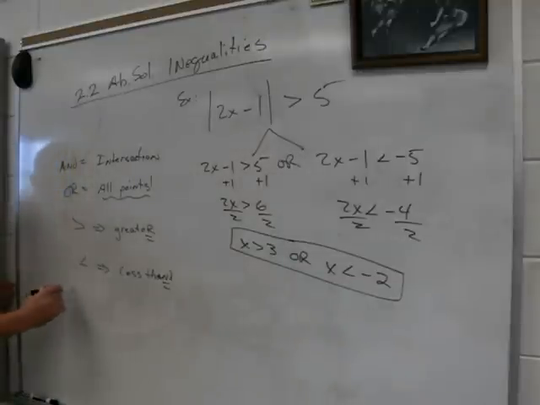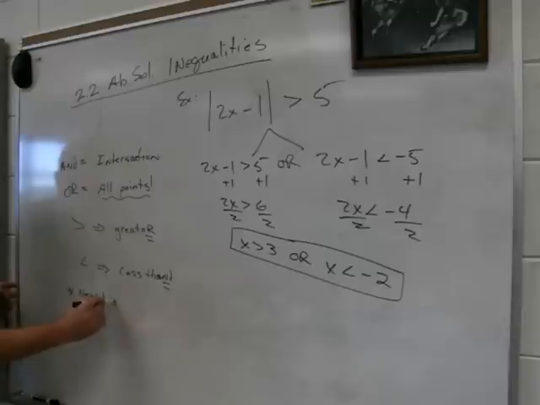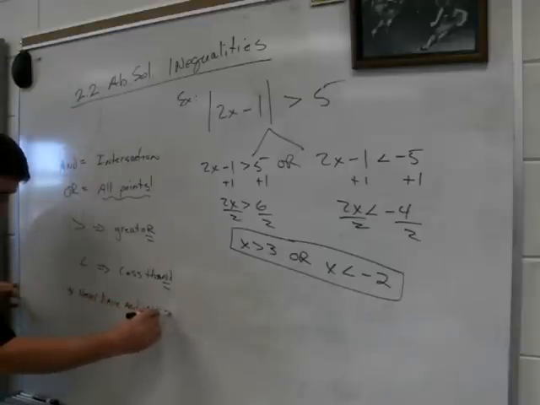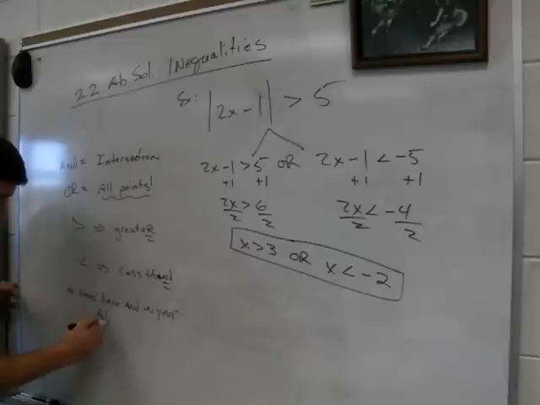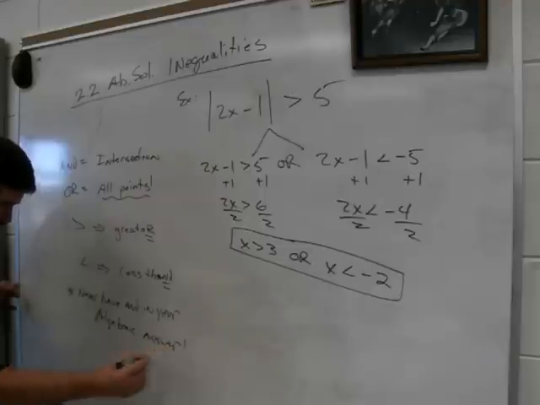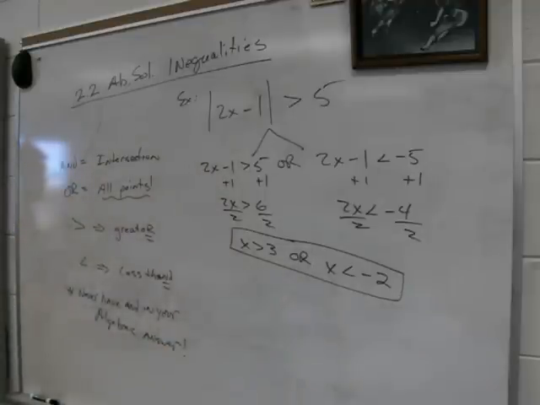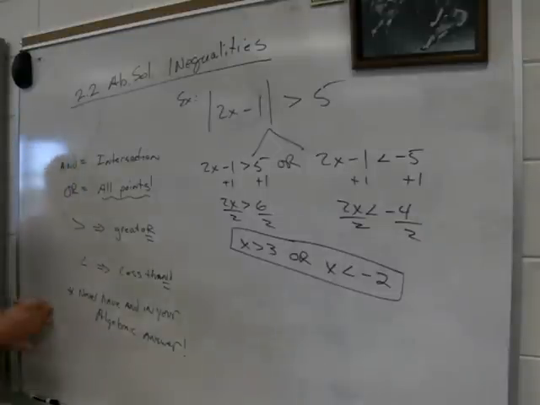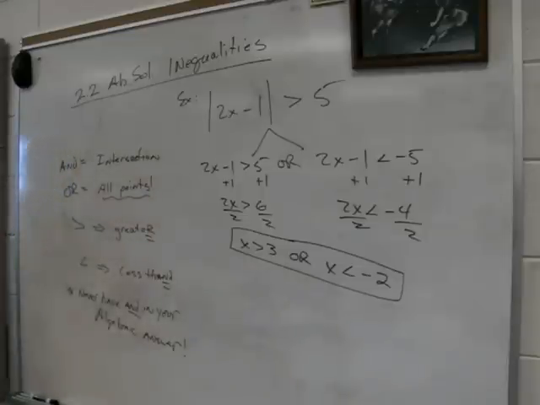Somewhere on your paper, in the margins, at the bottom of the page, I would write: you're never going to have "and" in your algebraic answer, ever.